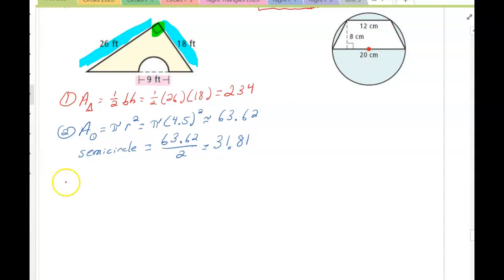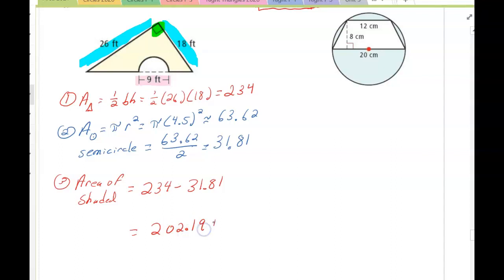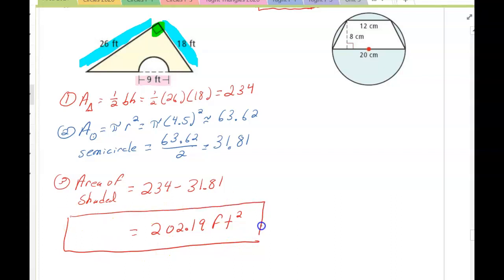Because we want the area of the shaded, step 3, the area of the shaded part, we're going to subtract the triangle, 234, minus the semicircle. In doing that, the final answer here is 202.19 square feet. So this is the area of the shaded section.